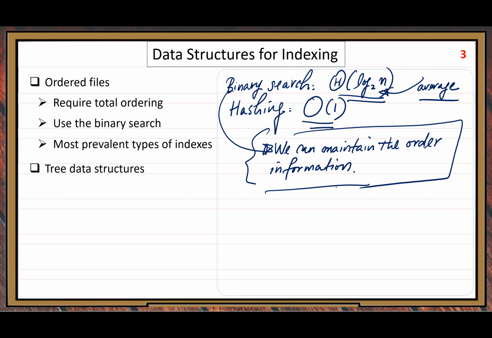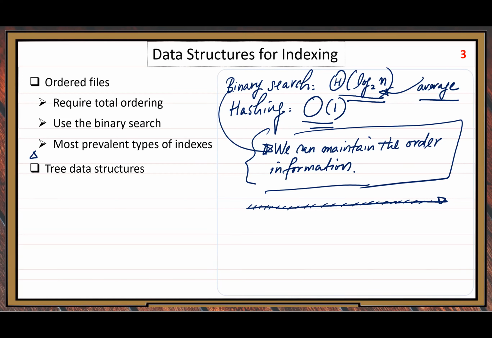All right, so here, another important improvement on the structure: tree data structures. Before we consider tree data structures, we imagine our records are arranged in a straight line, ordered in a straight line, all right?